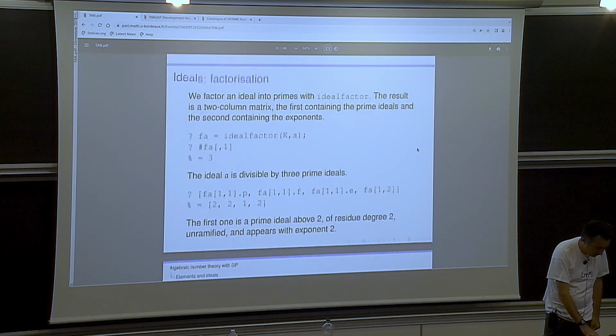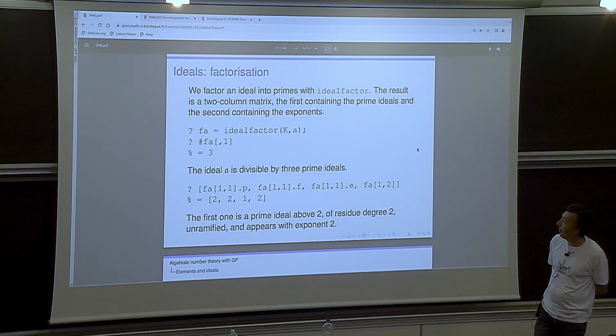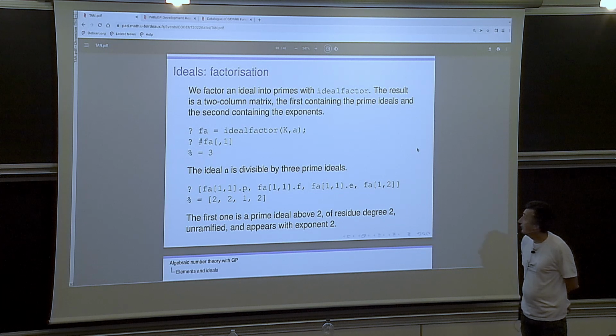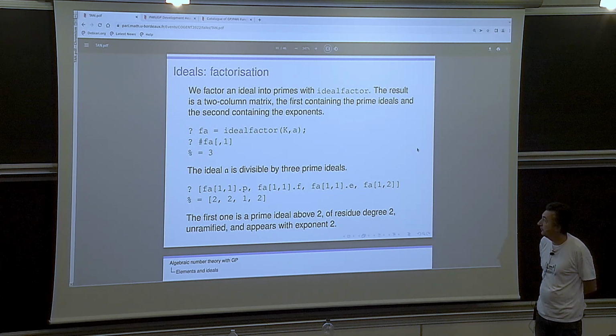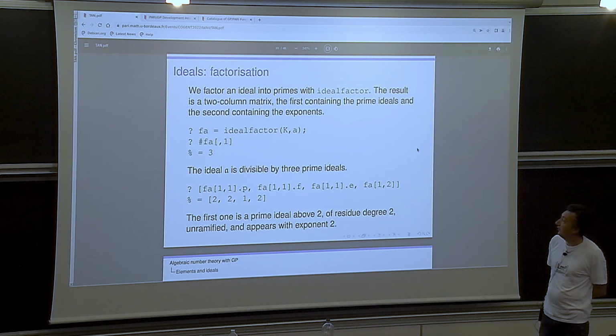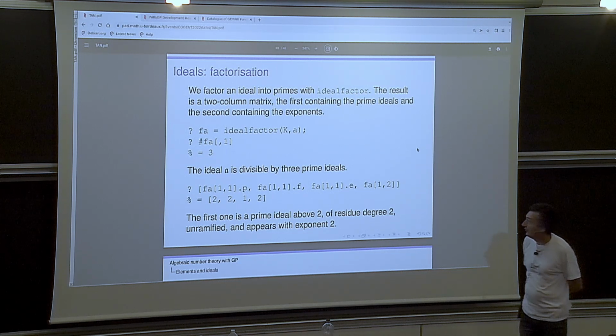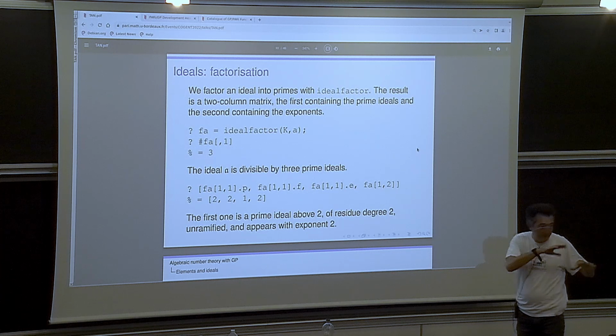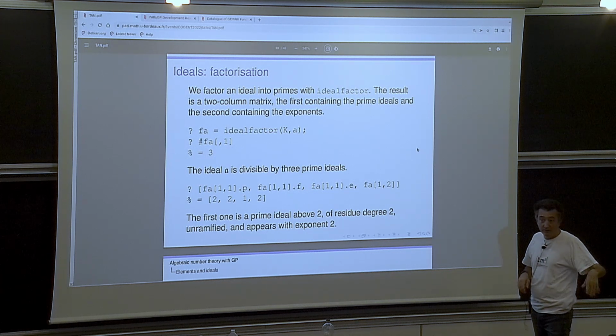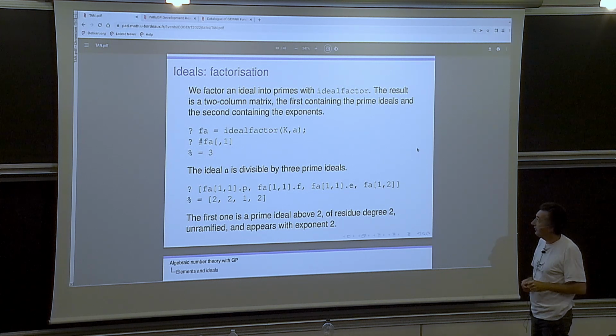Okay, so we also have factorization of ideals. It's called idealfactor. It gives you a matrix with two columns, of which the first one is the ideal, the second is the exponent. And so in this case, we get that the ideal is divisible by 3 prime ideals.